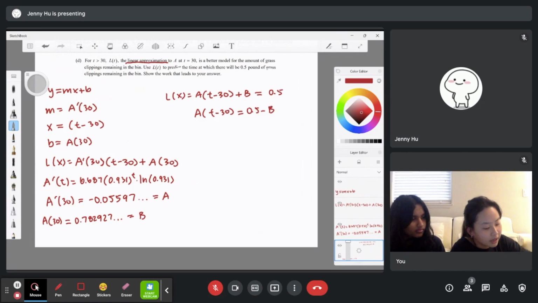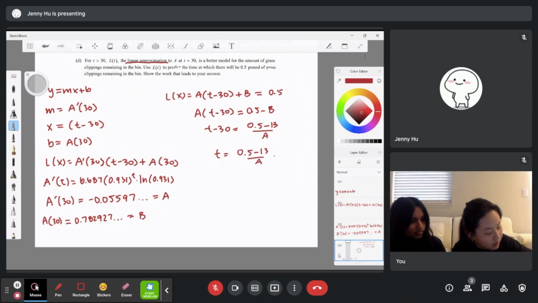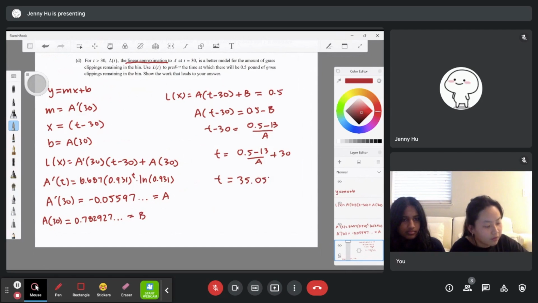Divide both sides by a, and then add 30 to both sides. So that will give you this. And if you put this into your calculator, you should get a final value of t is equal to 35.054 rounded to the third decimal.